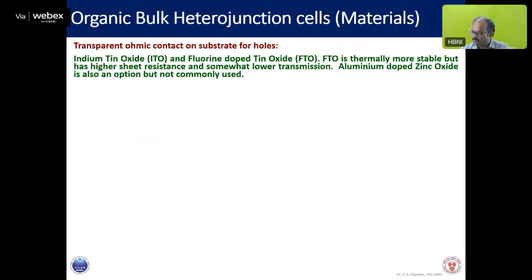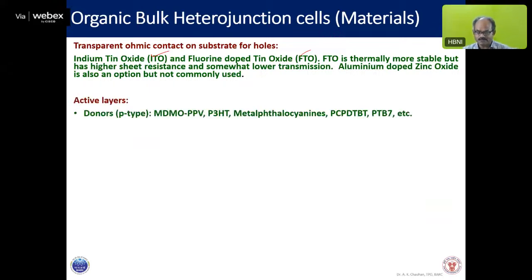Now, let us see some of the materials which are used in these kinds of solar cells. First are the transparent conducting electrodes. ITO and FTO are the two materials most commonly used.